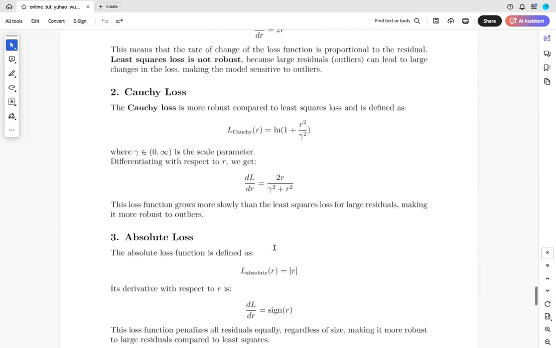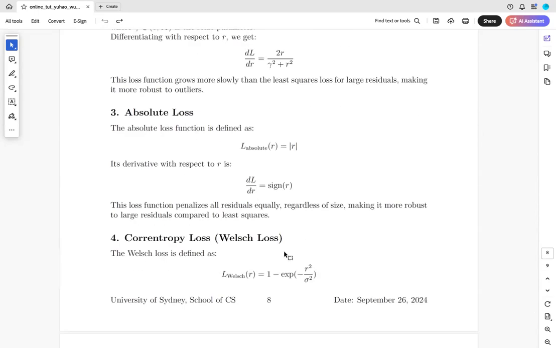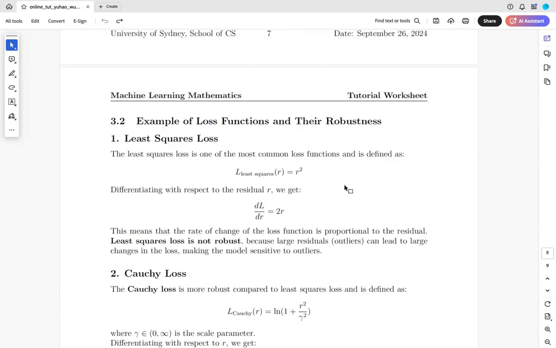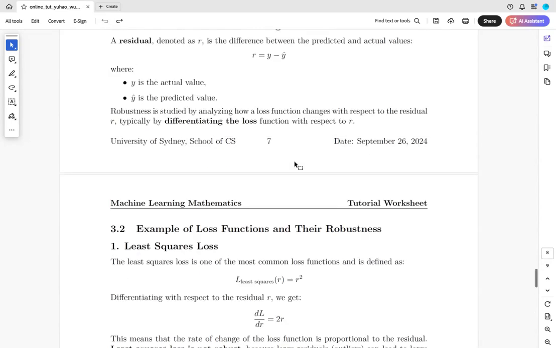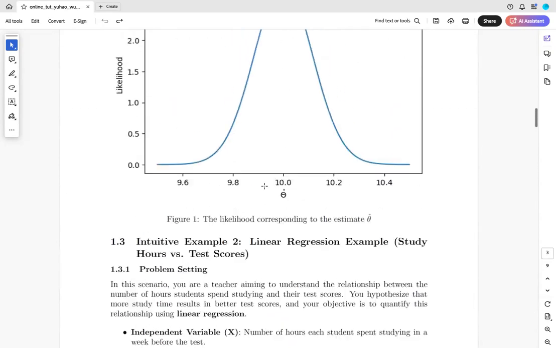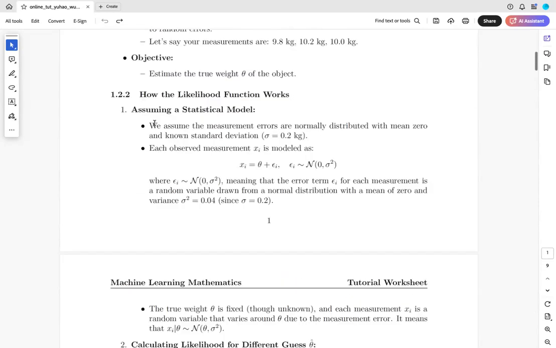Okay, maybe the other questions. In least squares, why do we have to assume the distribution of error is a normal distribution? You mean why we need to make a normal distribution assumption? Yes, in linear regression. Actually, for this assumption, we can assume a normal distribution or a Laplace distribution or a Cauchy distribution.